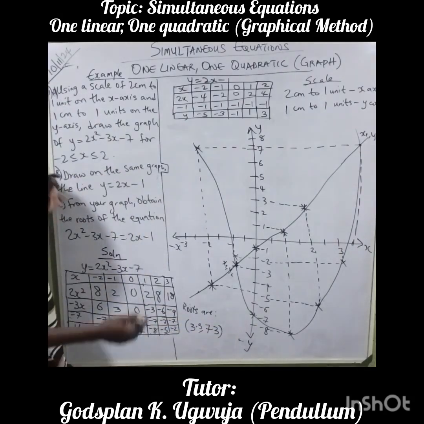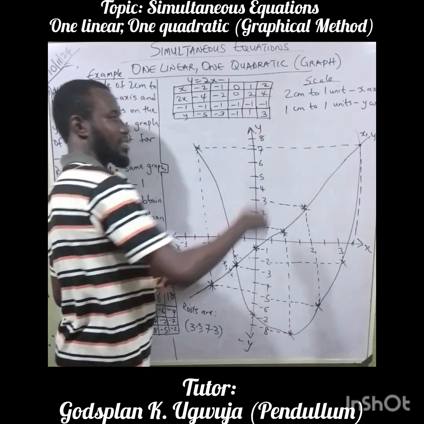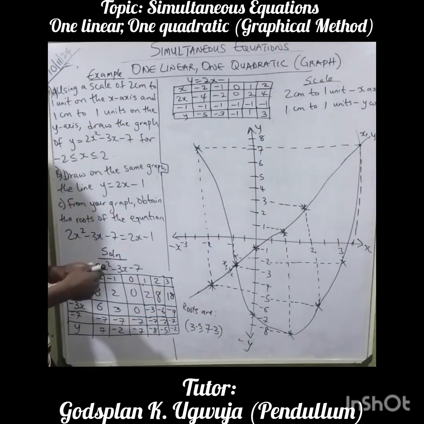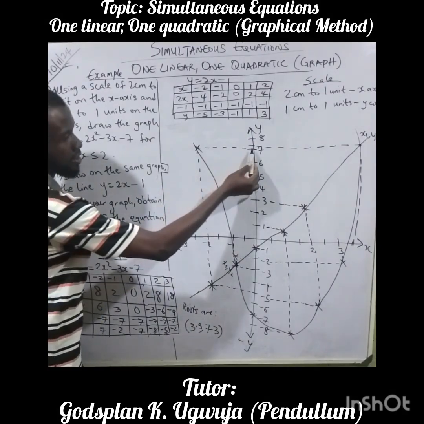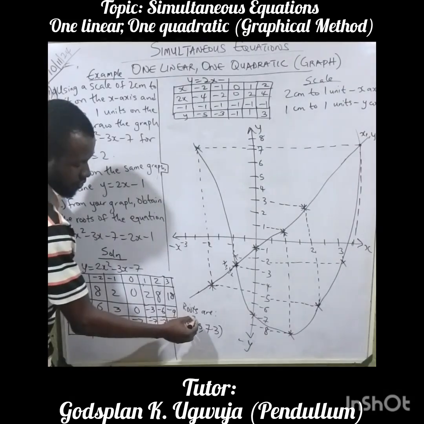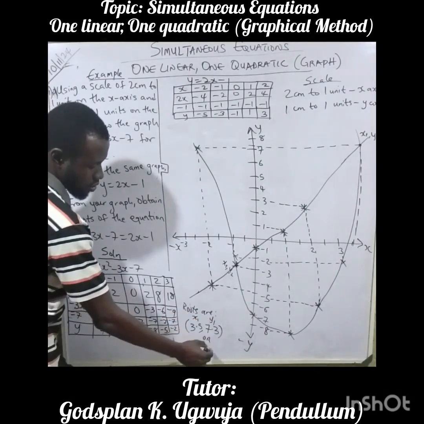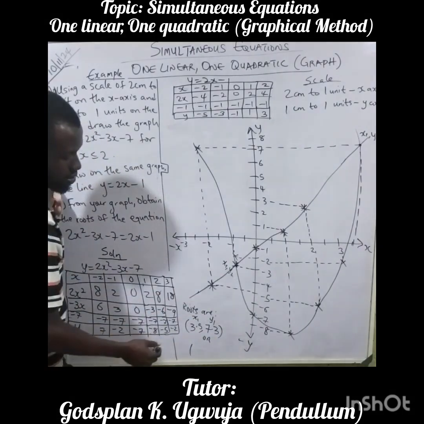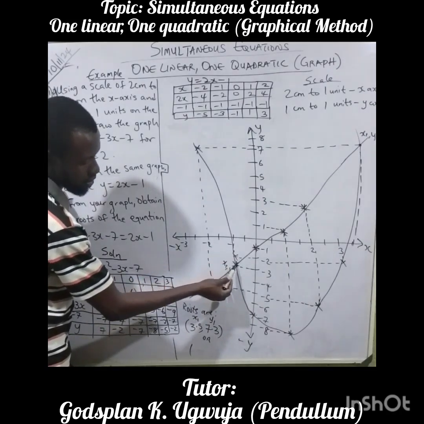Remember, all these are approximations. If you're using a graph sheet, then this will fall on a line and you can get the exact value. But this is a board, so there are no lines. So I'm approximating it to be 7.3. This is for our x1, y1. On this side, we can see that our x value is -1, right?